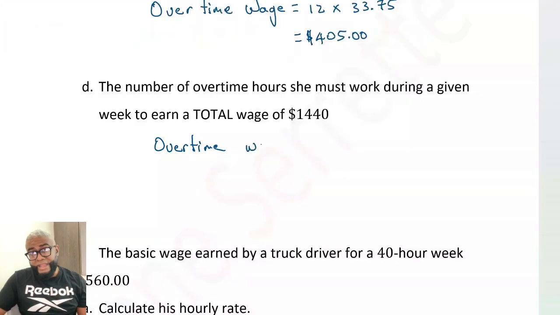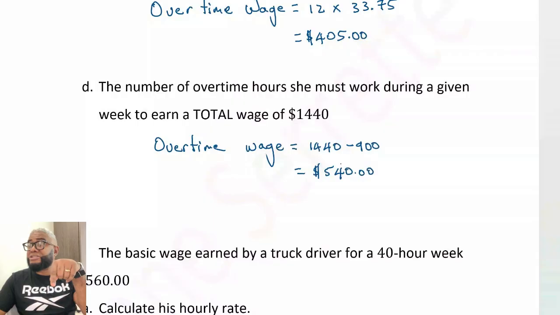So the overtime wage for this week would be 1,440 minus the 900. Everybody agrees? Which will give me 540. Everybody good there? This is your overtime wage. But how much are you earning per hour in overtime?